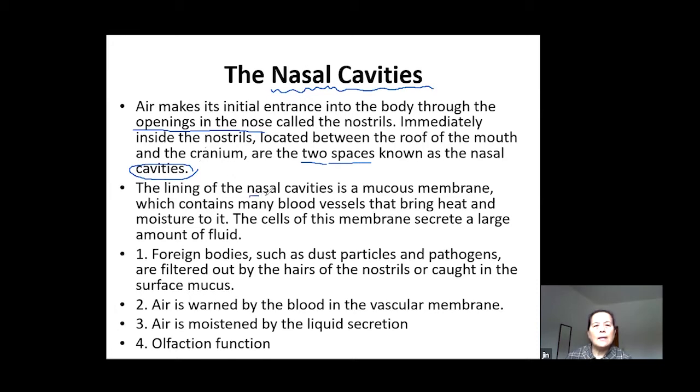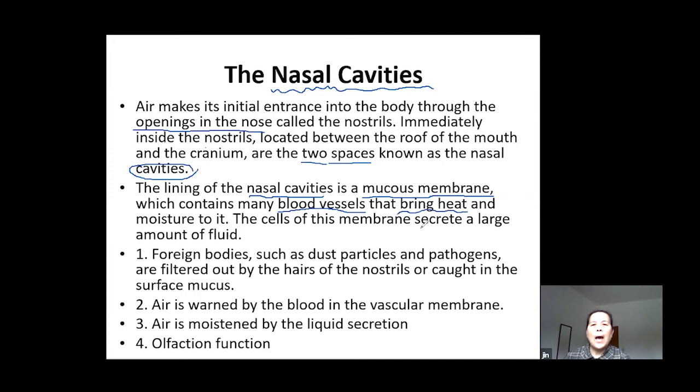Inside the nose cavity, it is covered by mucosal membrane with a lot of blood vessels inside. That means a lot of blood circulation goes there. What's that function? They can bring heat there, following the blood circulation.